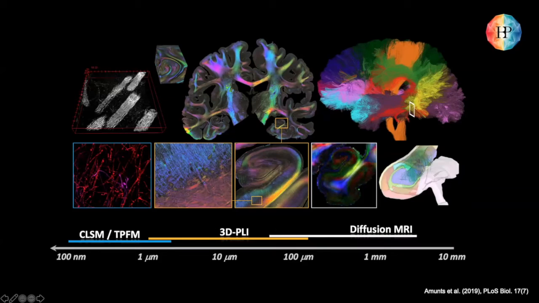Then we have this PLI application, or comparable at this level, the OCT. So something in between the highest resolution, in between individual fiber imaging and this diffusion MRI. And I'm talking about two-photon fluorescence microscopy, for example, which might give us the next level of information.